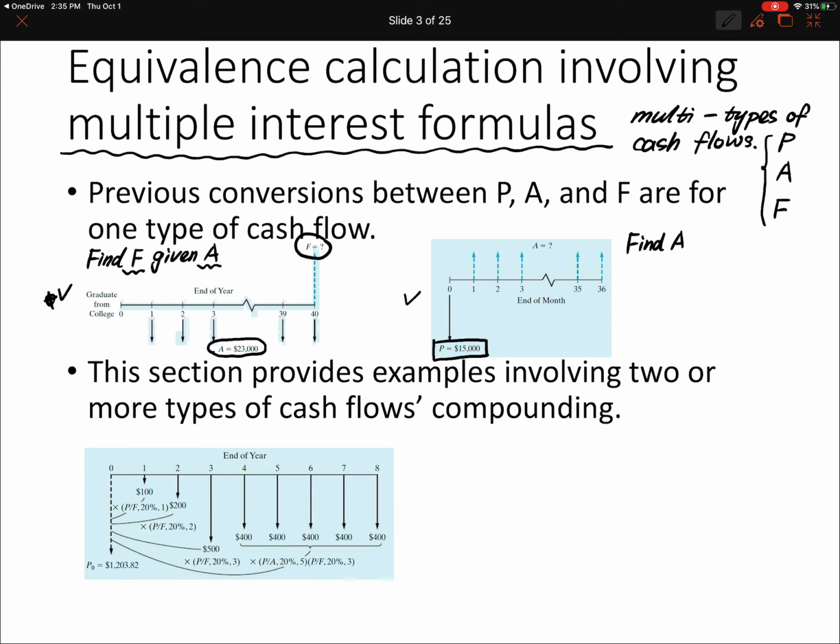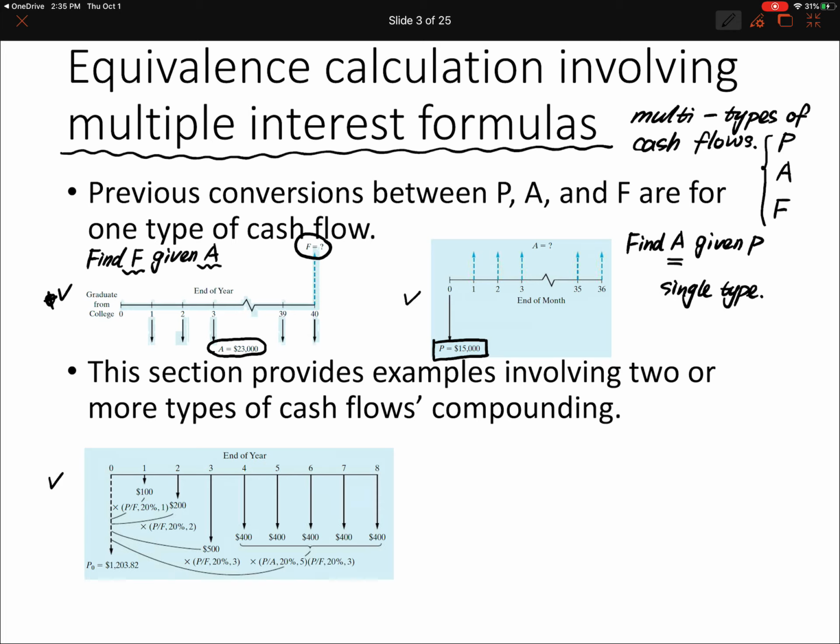So again, you find A given P, and in this case, you are still dealing with single type cash flows. Okay? But in reality, it's not always the case that you have a single type of cash flow to convert to another time or to another type of cash flow.